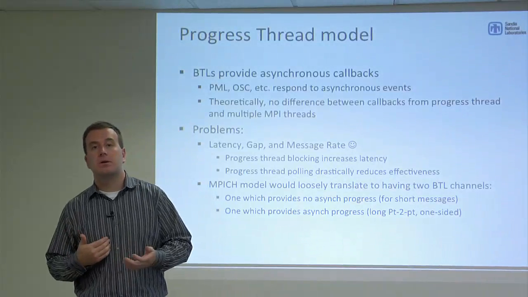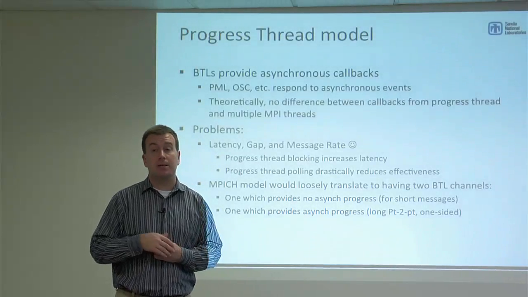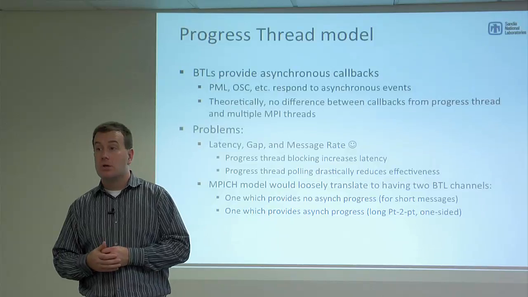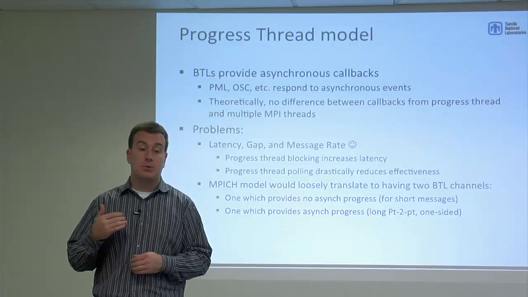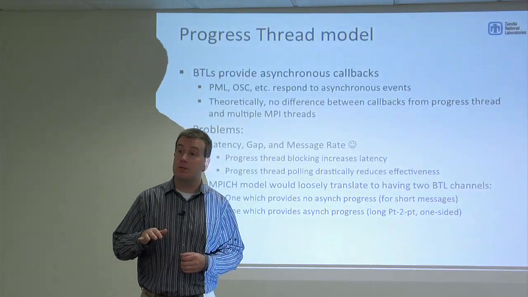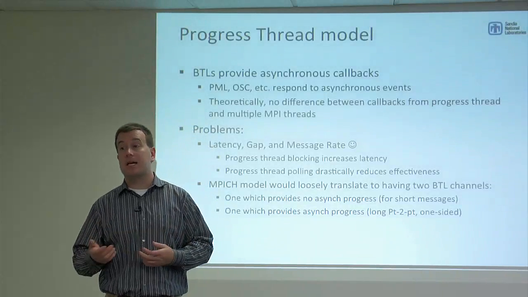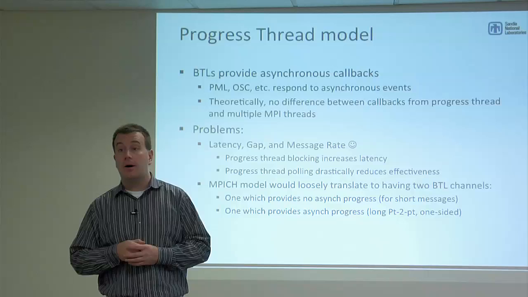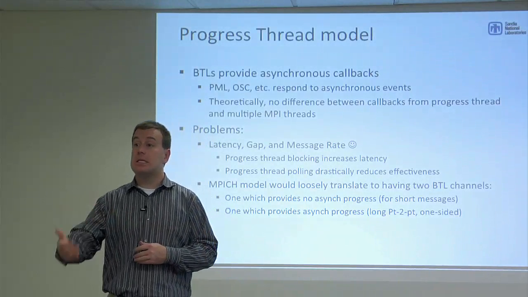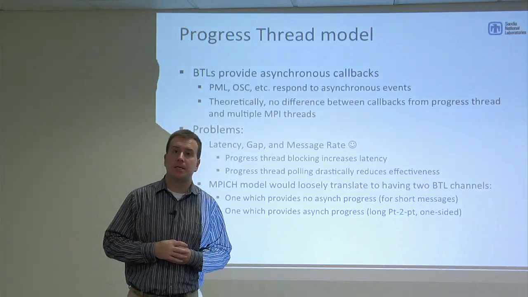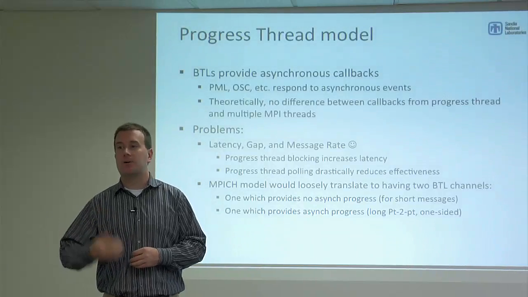So one of the things that we've started looking at that I think holds some progress is the model that MPICH uses, where essentially you have different conduits, for lack of a better word. We would probably use either BTL endpoints or specific tags or options, where you would set a flag that says, this is an eager message, which would mean I don't need asynchronous progress on the remote side, but I need really low latency.